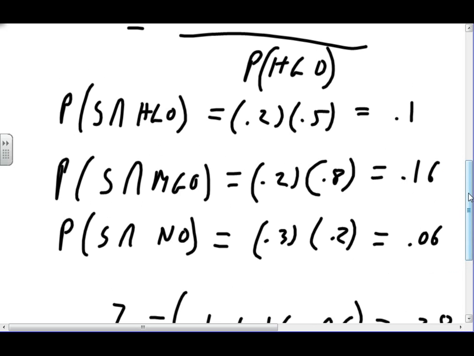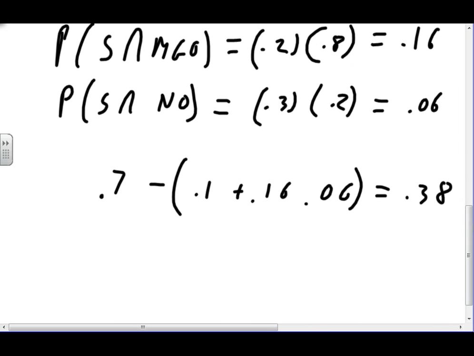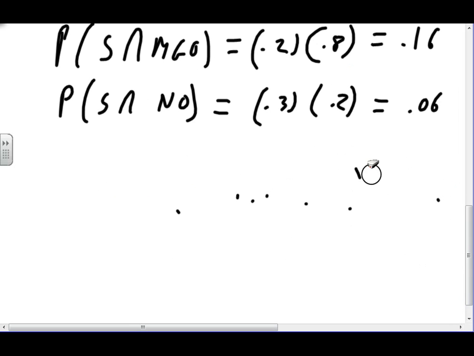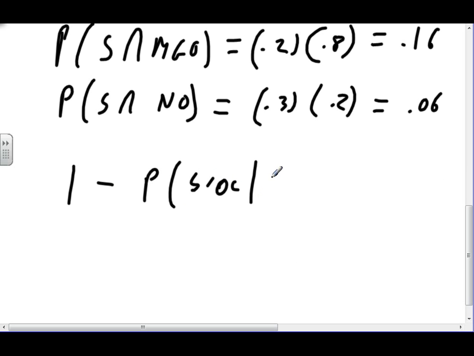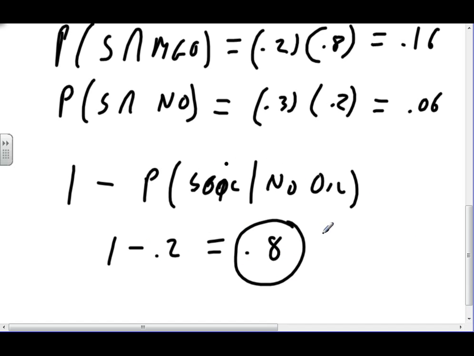I got a better answer. We'll do what we did last time. We'll go 1 minus the probability that I have the soil I'm looking for, but I have no oil. If I could spell soil right. So that'd be 1 minus 0.2, which would be 0.8. I think I like that better.